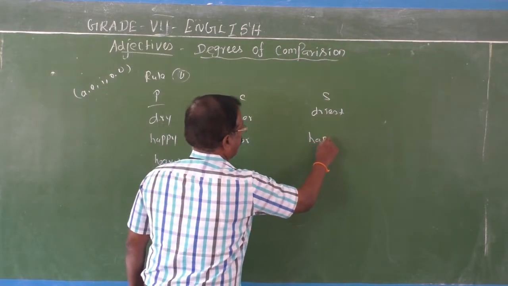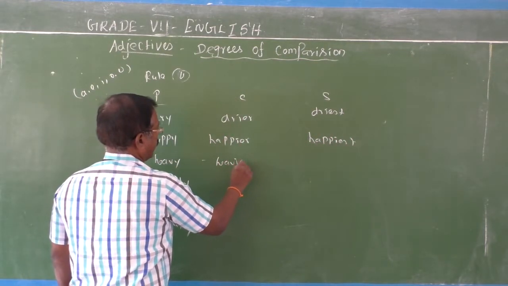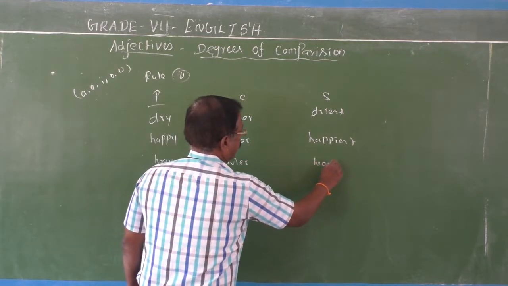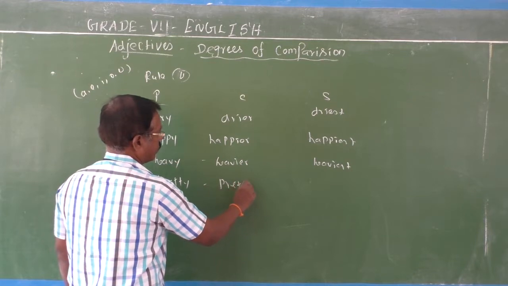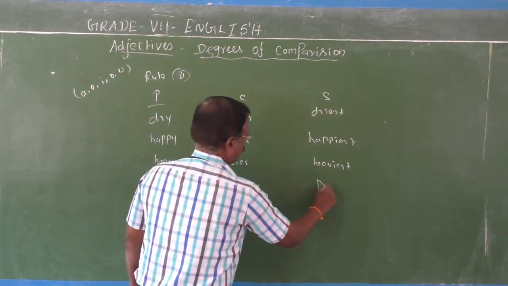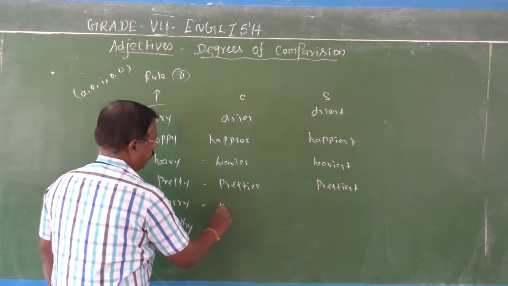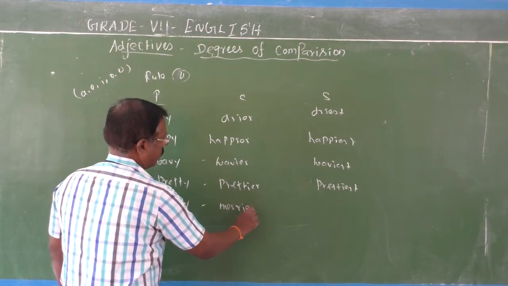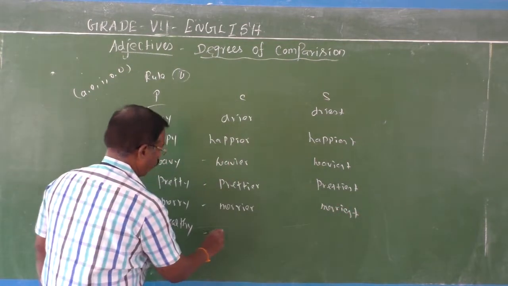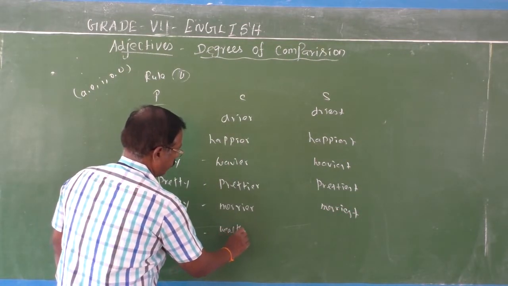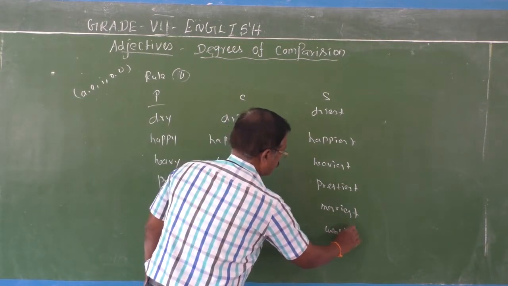Then heavy, heavier, heaviest, then pretty, prettier, prettiest, okay, and then merry, merrier, merriest, then wealthy, wealthier, and then wealthiest, okay.